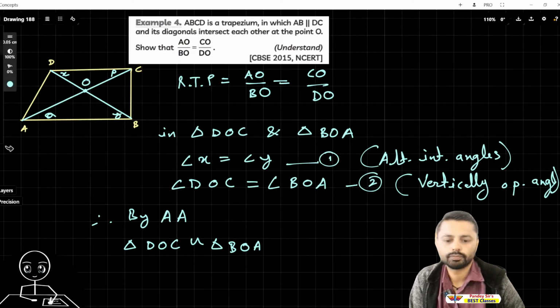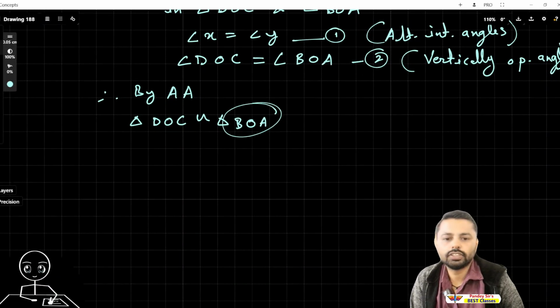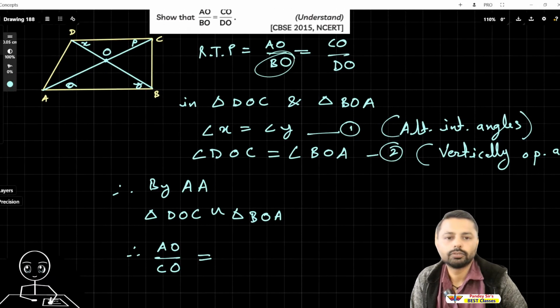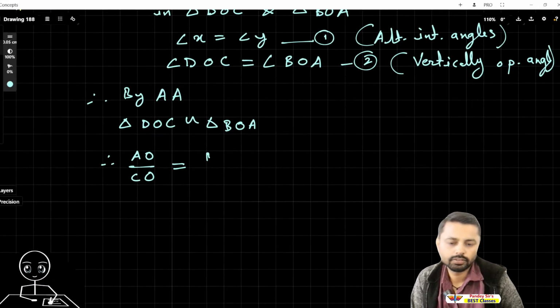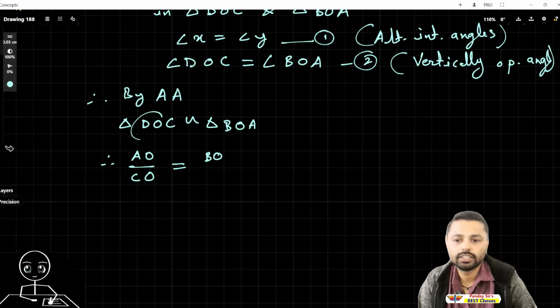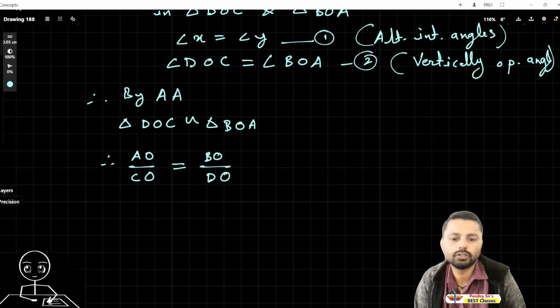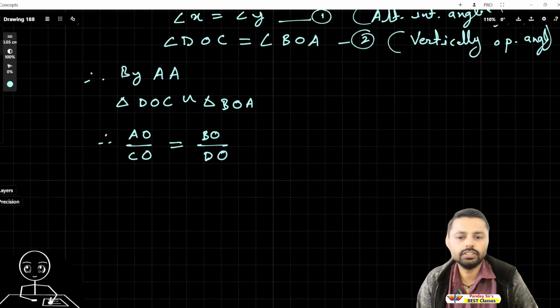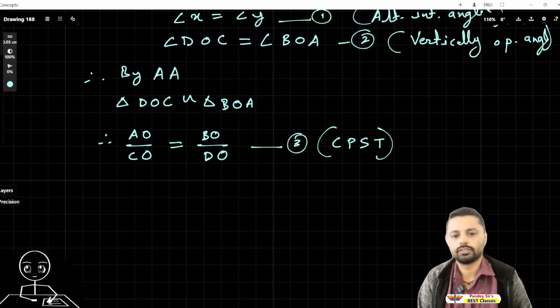AO by CO equals BO by DO. Reason, let's call it number 3: CPST, corresponding sides of similar triangles. They will be in the same ratio. Don't forget it.